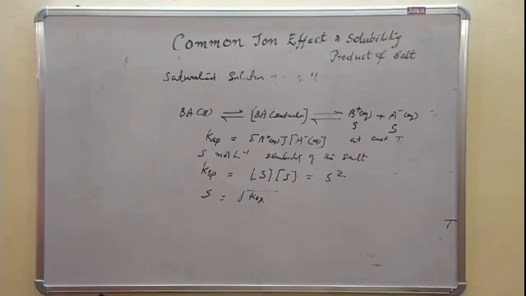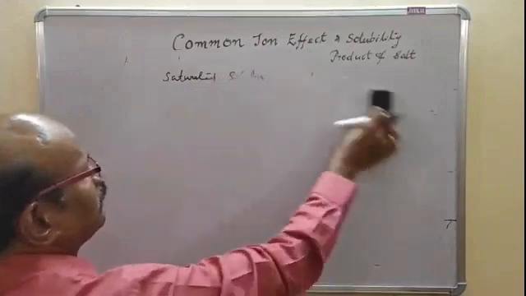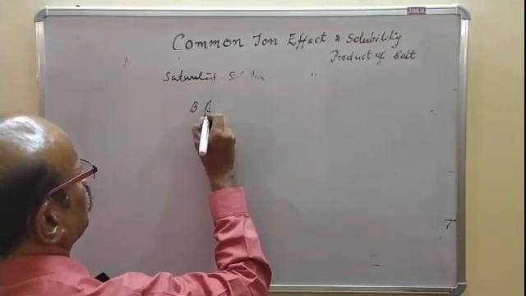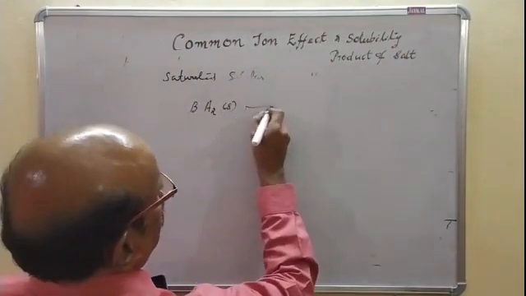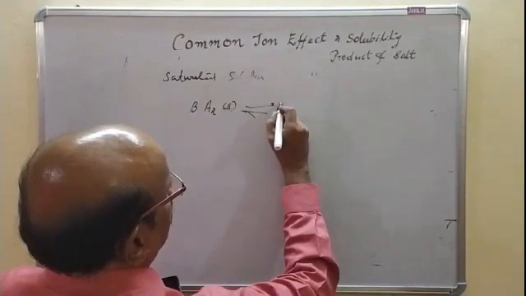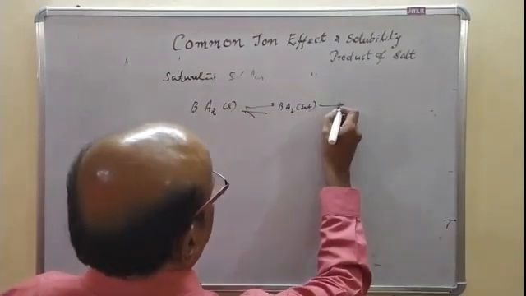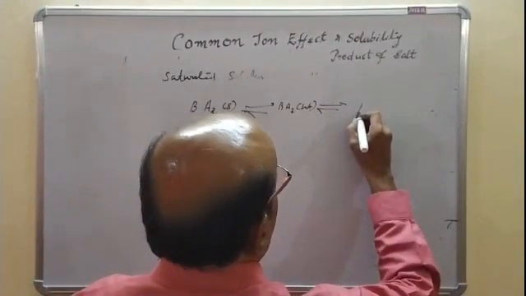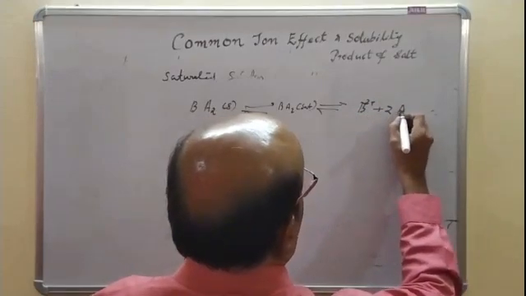But consider the case of a divalent salt, like BA2 solid. That BA2 in saturated solution will dissolve and give 1 B2 plus and 2 A minus.